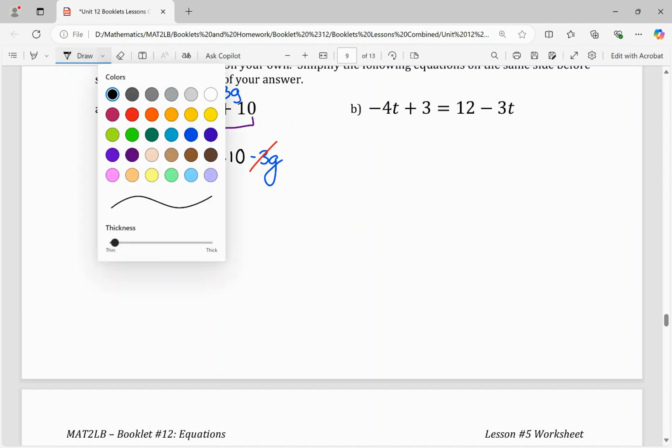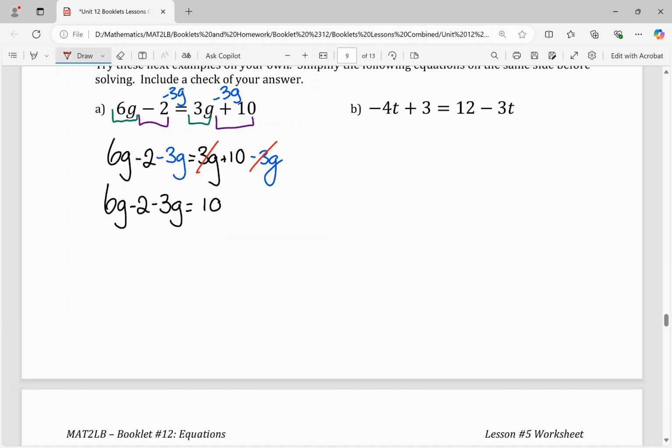Now, this 2, that doesn't have a variable, right? So I need to take the 2 and move it over to the right. Right? Our terms without a variable go to the right. So I'm going to do the opposite of subtracting 2. I'm going to add 2 to this side, and I'm going to add 2 to this side as well.